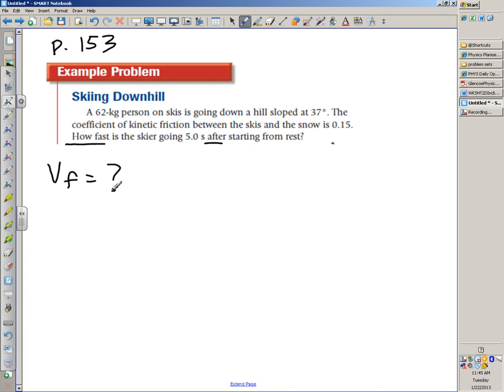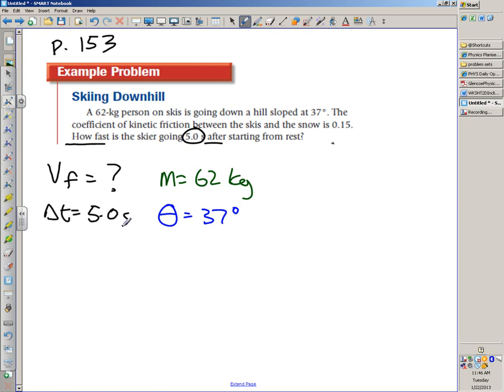Meaning, there's probably some other information in here, right? So, what other things did they give us to work with in this problem? Okay. They gave us the mass of the person, 62 kilograms. What are some other things they give us? Okay, they give us the angle, right? They give us that the slope is inclined 37 degrees. They gave us the time over which this person is skiing.